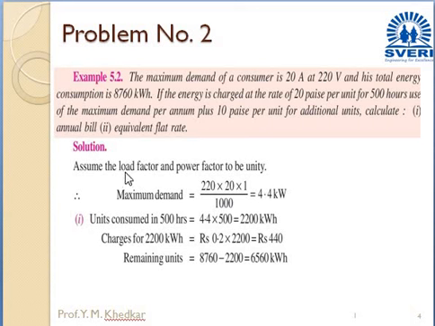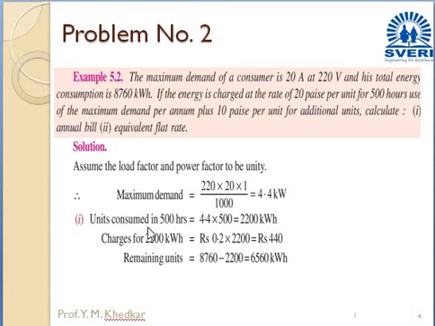If they provide the load factor and power factor, then you will have to divide by the load factor and multiply by the power factor. Keep that in your mind. So when you calculate the maximum demand from voltage and current and divide by 1000 to get kilowatt, the maximum demand will be 4.4 kilowatt.